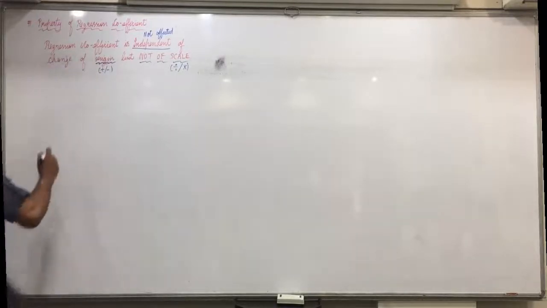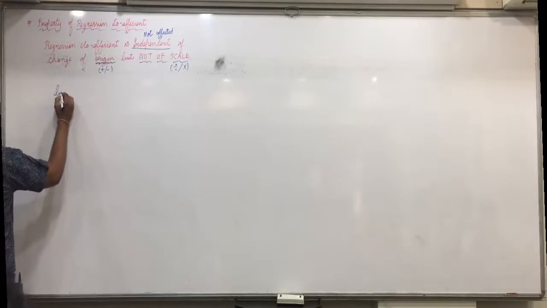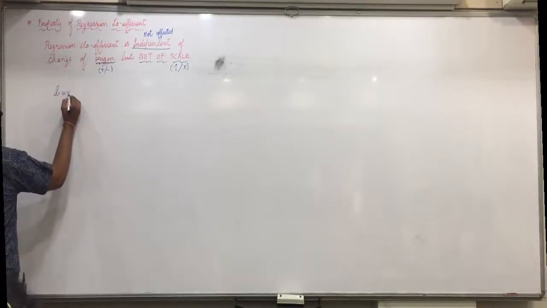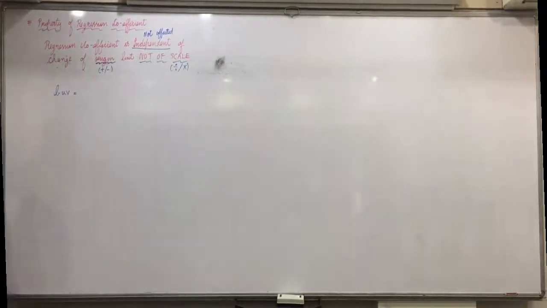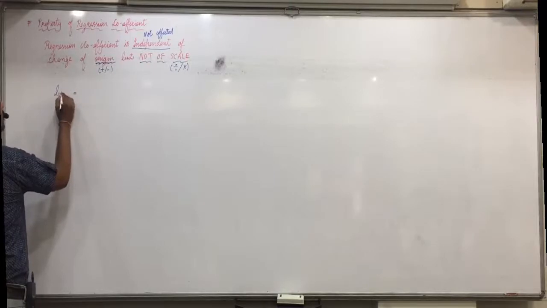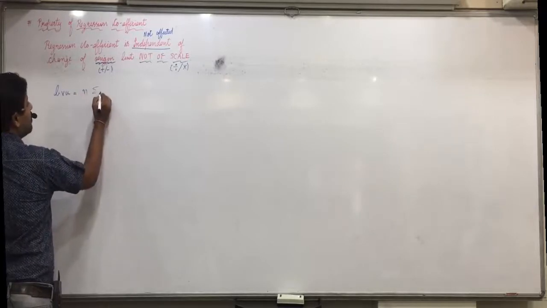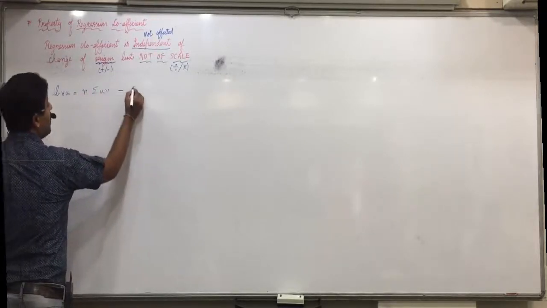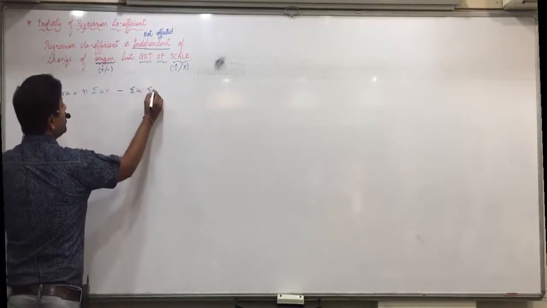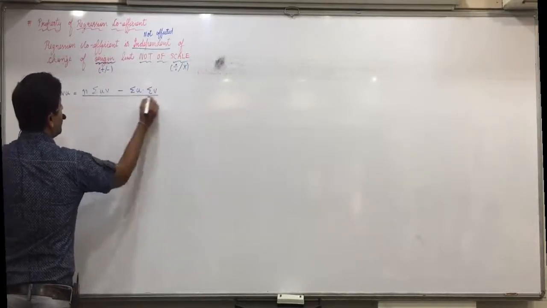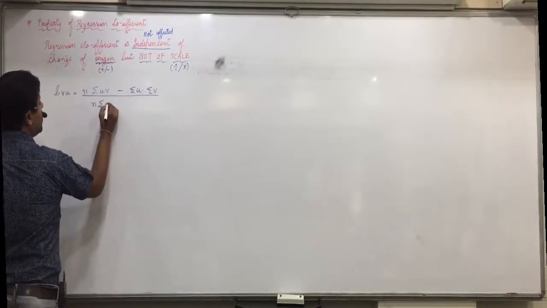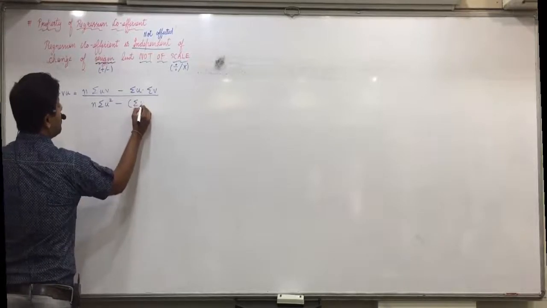Okay. Now, if we apply the UV formula, we will not call it BYX, we will call it BVU. What is that formula? N sigma UV minus sigma U into sigma V upon N sigma U square minus sigma U whole square.